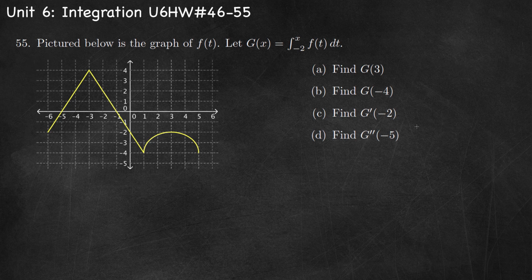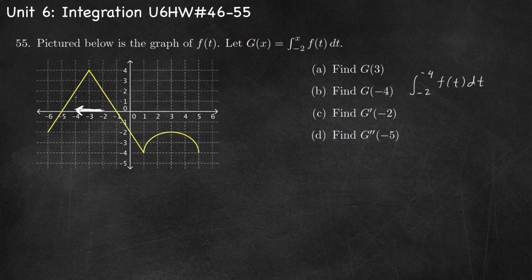Part B, find g of negative 4. So now we need the integral from negative 2 to negative 4 of f of t dt. From negative 2 to negative 4, we're actually going backwards with this integral. We're going backwards. So we have to use the opposite sign on our area.